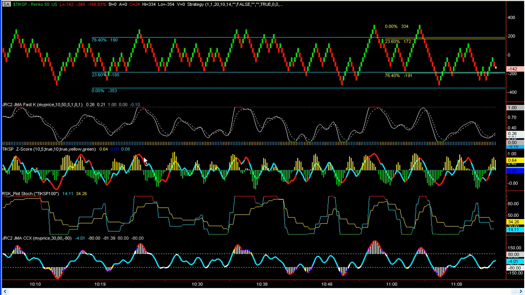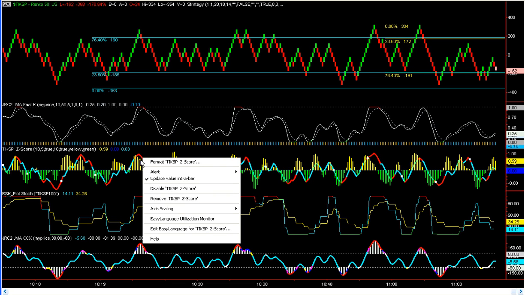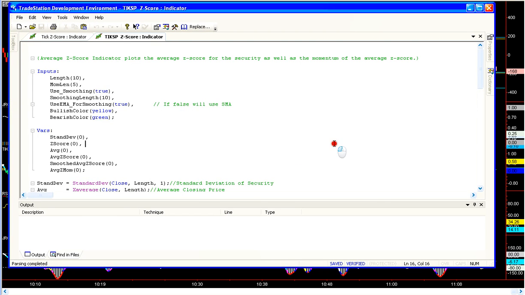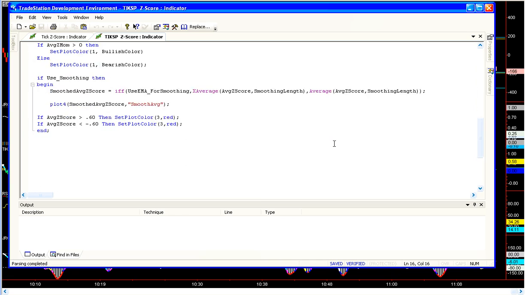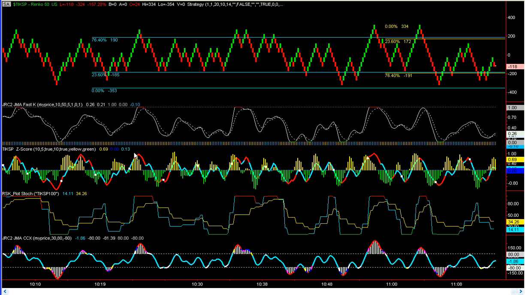We were using 1.35, and here I think we're using 1. Let's just bring this up. No, I'm sorry, we're using 0.6 and negative 0.6. Again, this needs to be adjusted one day to the next.